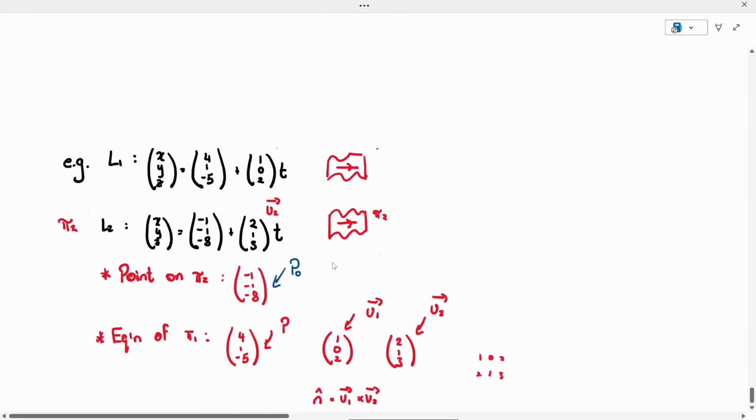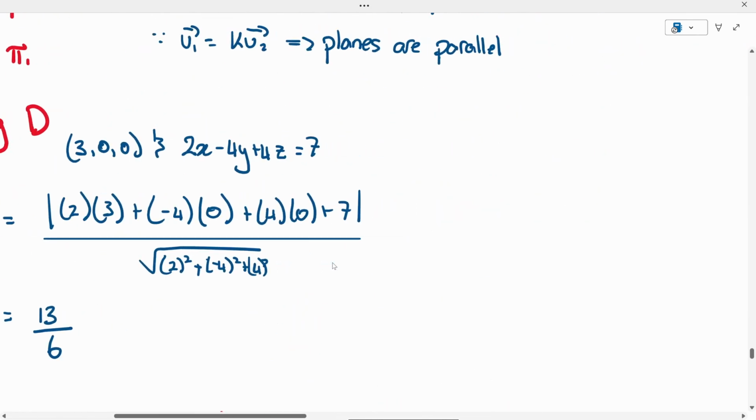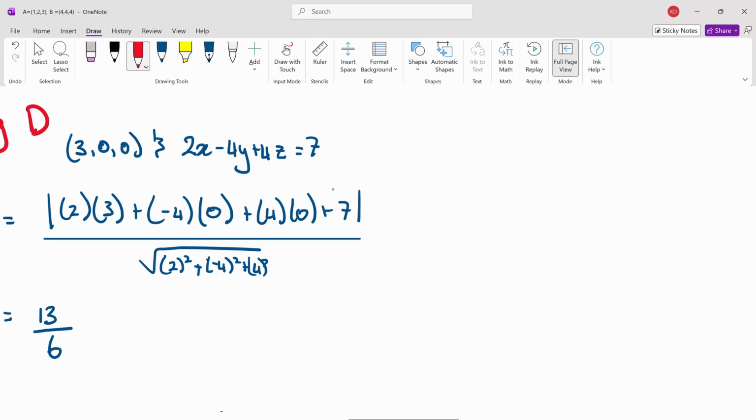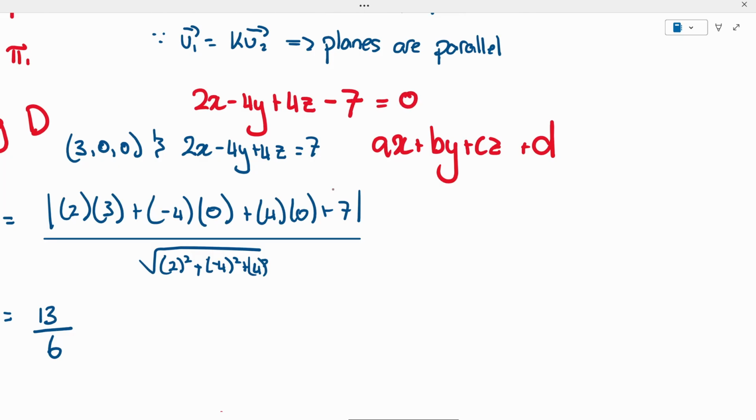Also, I just realized the reason this was looking weird is because in the general form, we want it as ax plus by plus cz plus d, right? So that is 2x minus 4y plus 4z minus 7 equals 0.